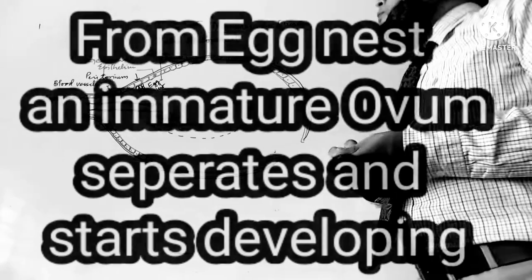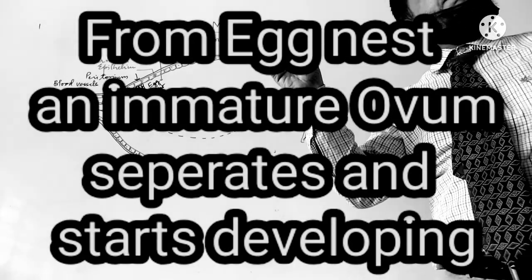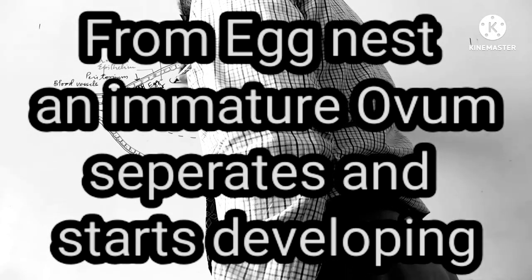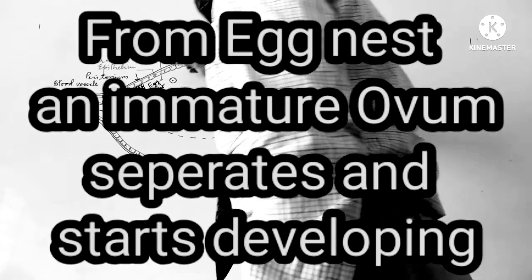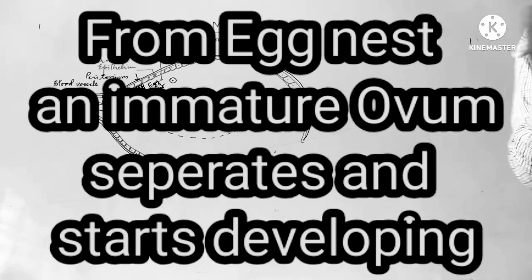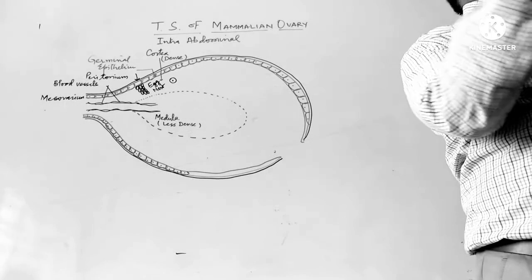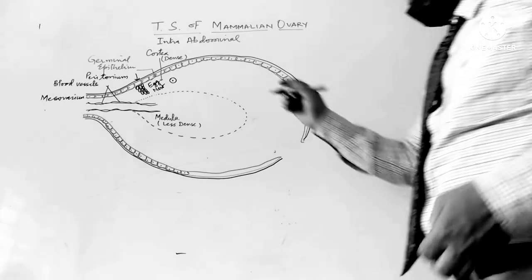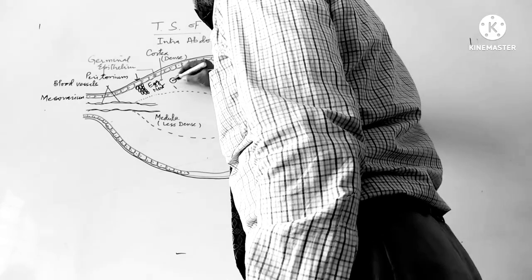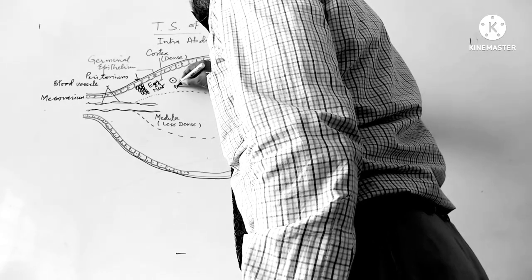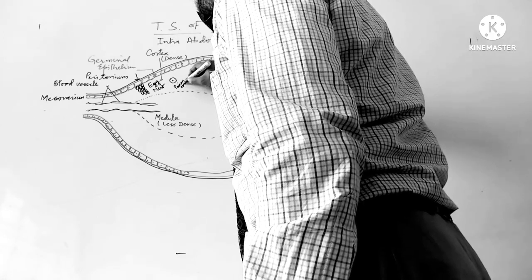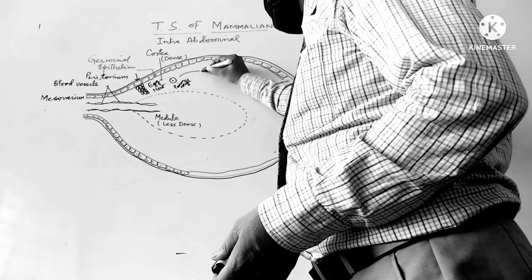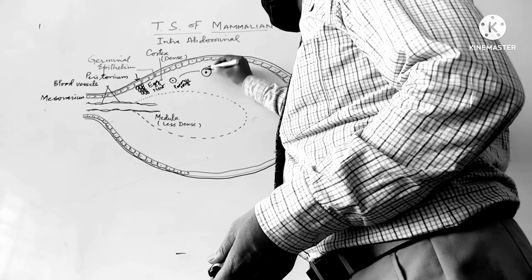From this egg nest, one of the oogonium is detached and known as the primary oocyte, and this oocyte is converted into primary follicle.